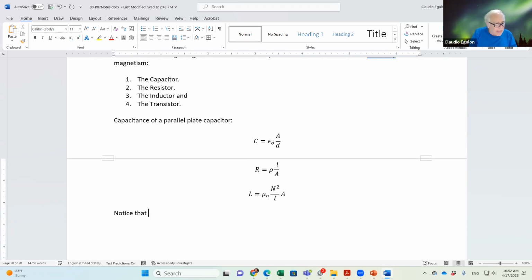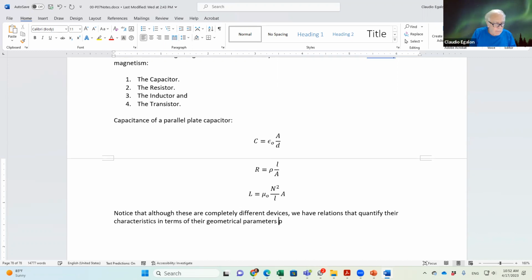Okay. Note that although these are completely different devices, we have relations that quantify their characteristics in terms of their geometrical parameters, plus a constant that is also inherent to the device.